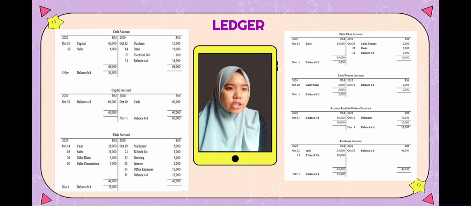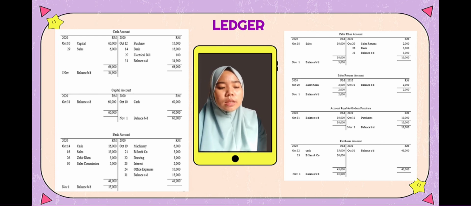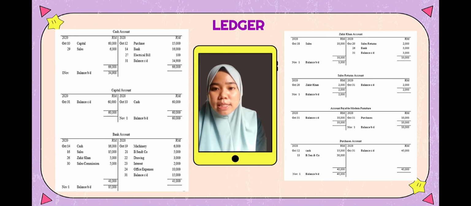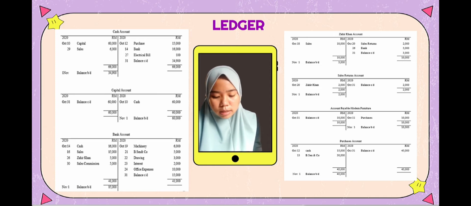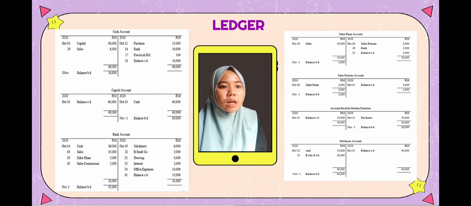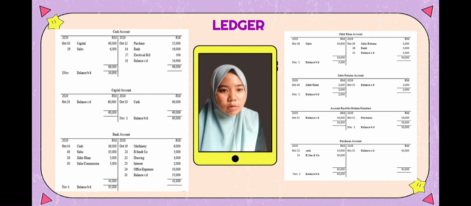Next is about the ledger. For the cash account, on 10 October capital 60,000. On 29 October sales 600. So the total is 66,000. On 12 October purchases 15,000.